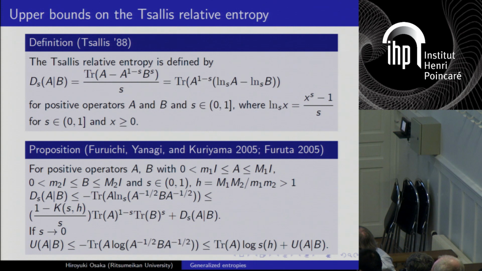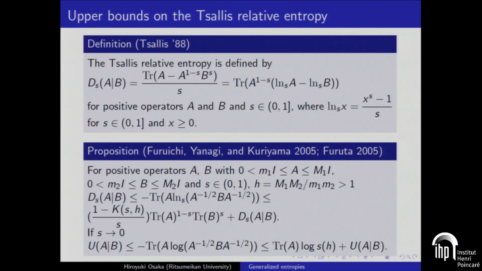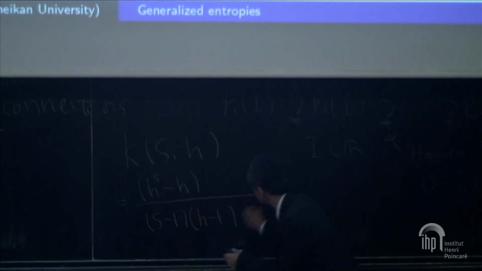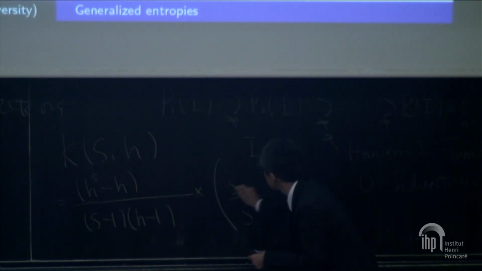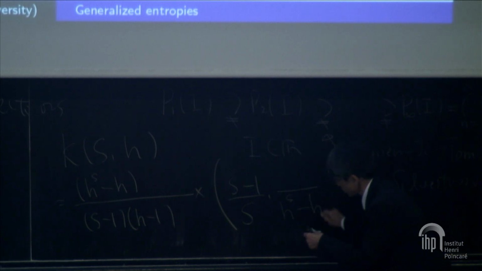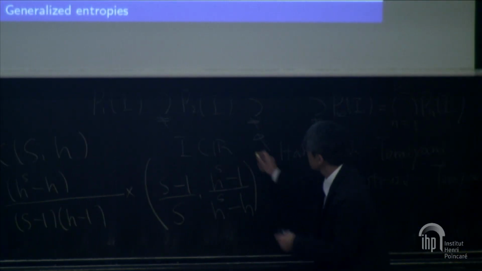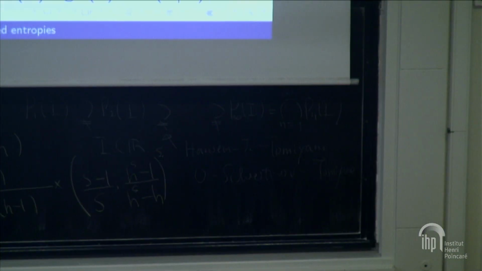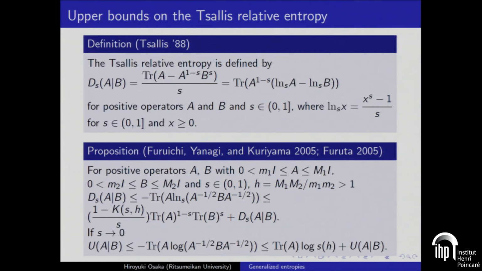This one is very complicated for me. h^s minus h over s minus 1 times (h minus 1), and so on. This value is computable if given such matrices, two positive matrices, positive semi-definite matrices or positive matrices. Then we can compute this value.